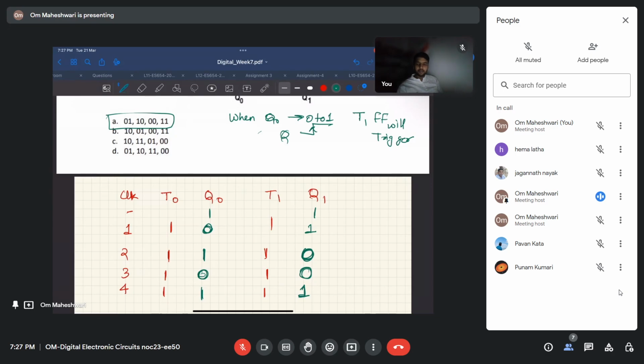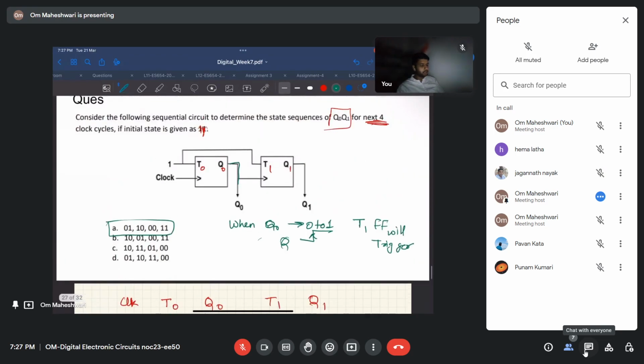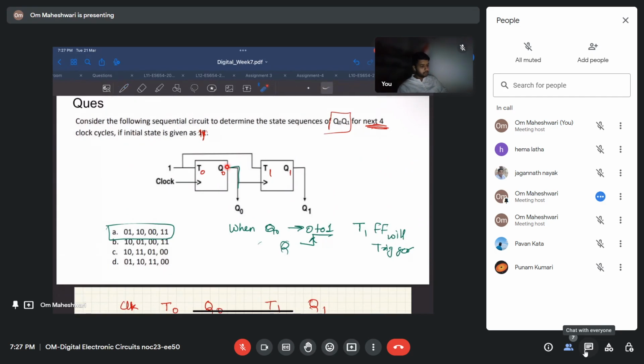Is this question clear to you? So only one thing is important, that you notice that this Q0 is being fed as clock. Both are not connected to the same clock. This Q0 will act as a clock, and since you do not see a bubble here, right? If it was a bubble, that means it is negative edge trigger.